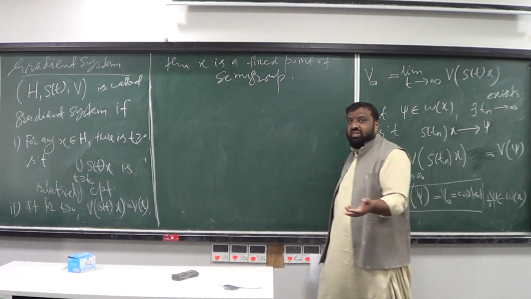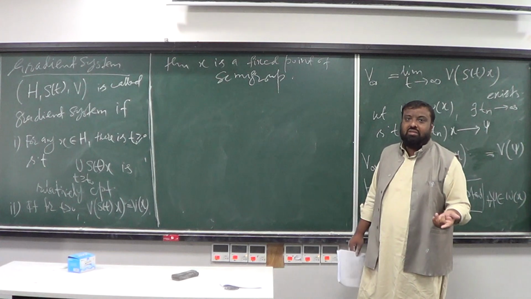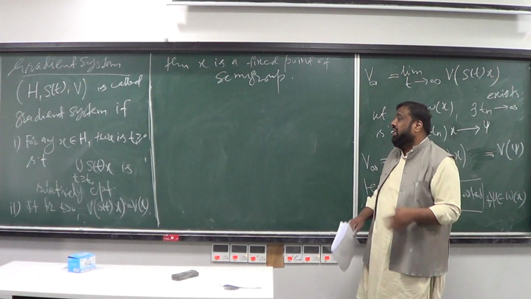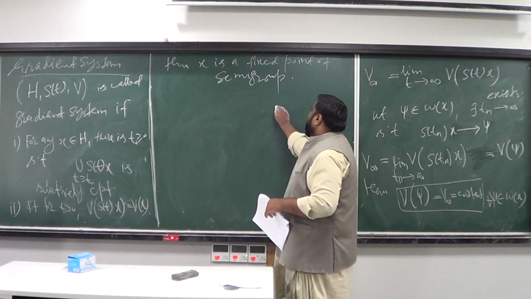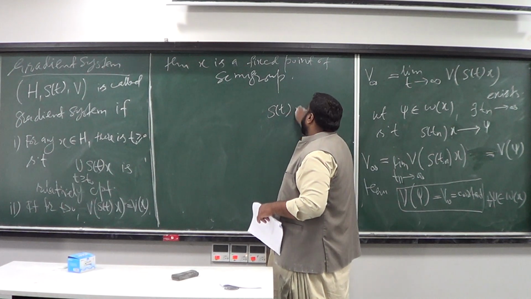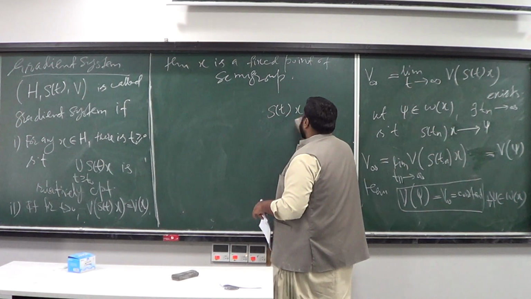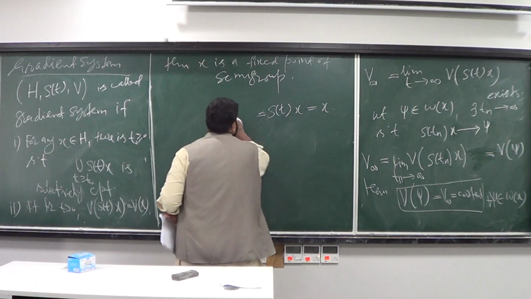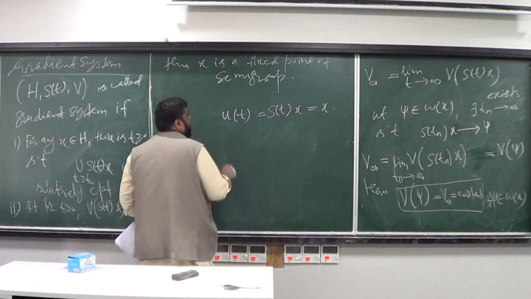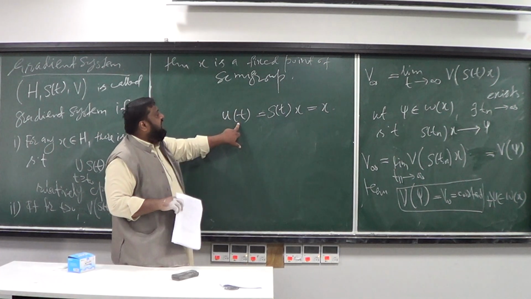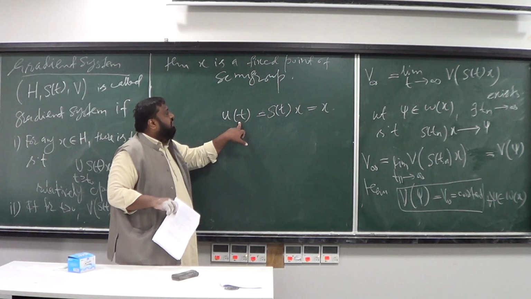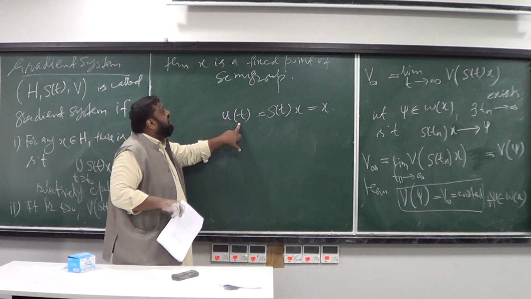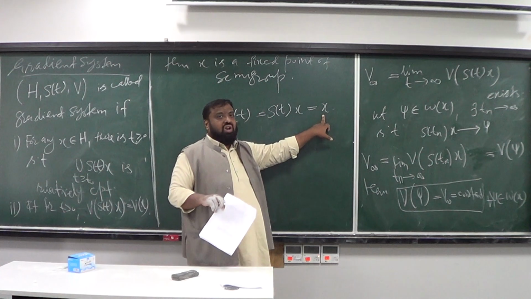We'll see why in one case. You can already see that if S of t operated onto x is x, then S of t is basically the trajectory of the solution, and you are saying that the trajectory of the solution for all times is equal to x.